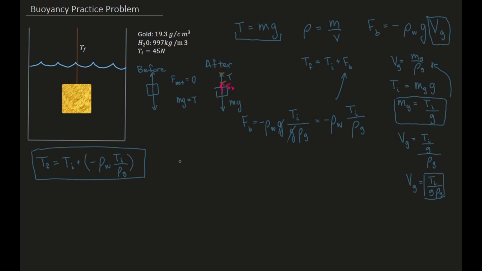Before we actually calculate this, it's a subtle difference, but you might have noticed our units are different. So the density of the gold is given to us in grams per centimeters cubed. The density of the water is in kilograms per meters cubed. Now, which one do we use? How do we know which one to use?